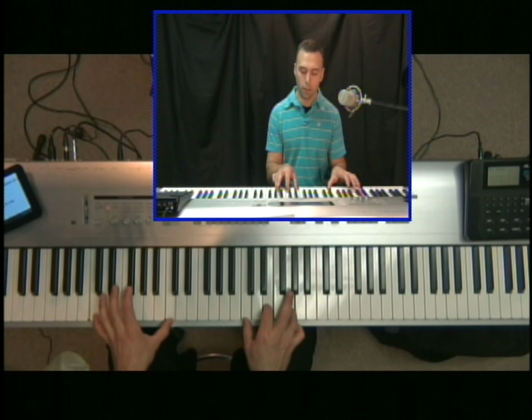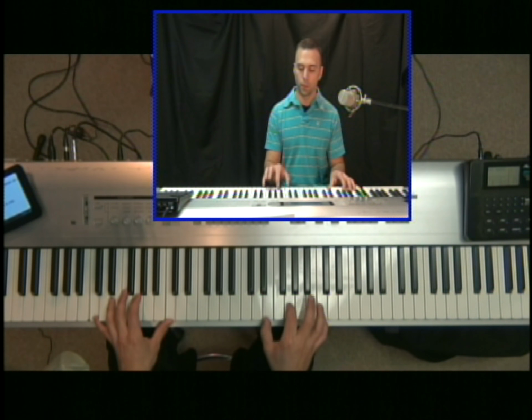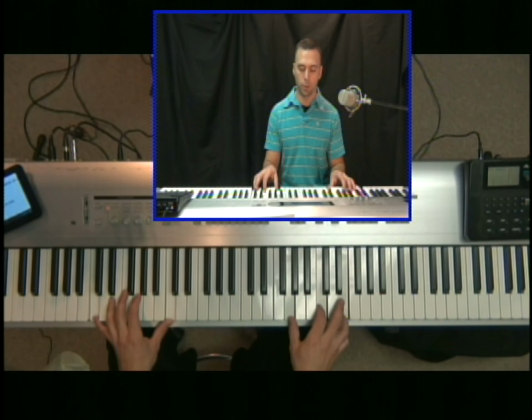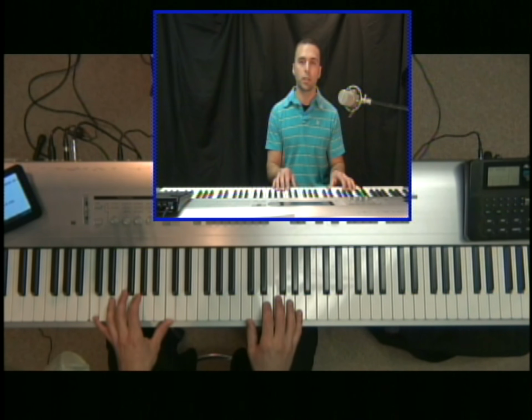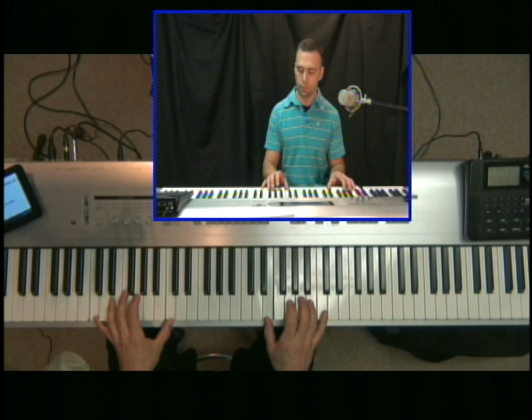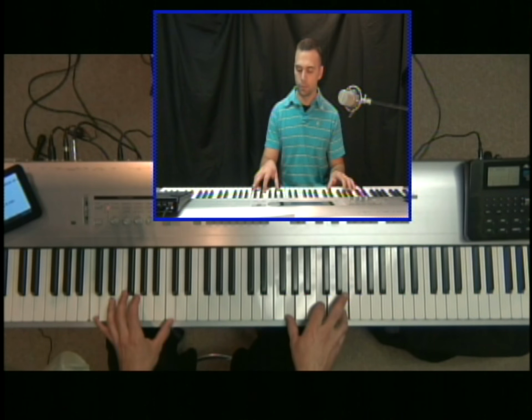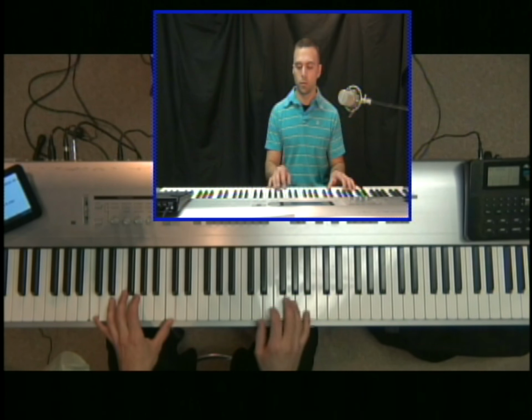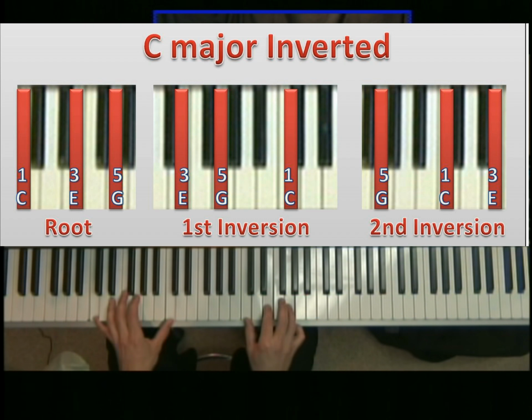So strike the chord just like that, no matter what the inversion, and also arpeggiate the chord. So 1, 3, 5 becomes 3, 5, 1, and then of course 5, 1, 3.